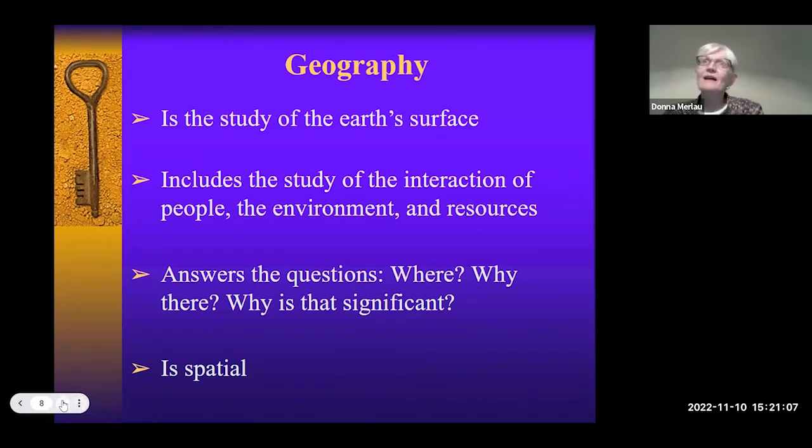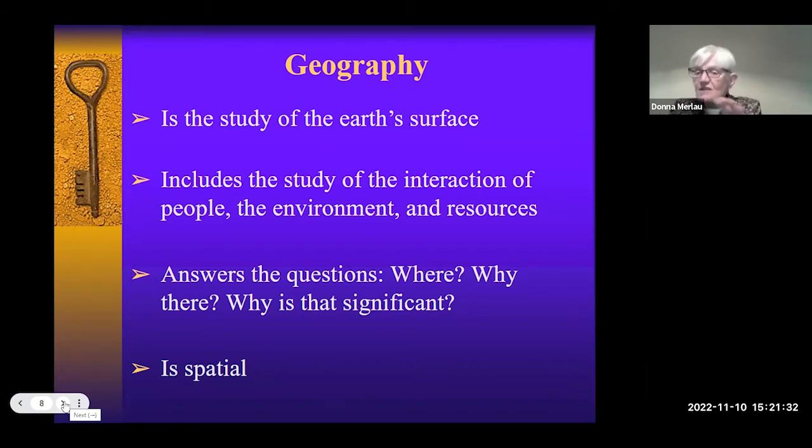So if I am going home to Rochester and I am running at rush hour, I may want to go a particular way that day, then another way, because of the traffic I'm going to run into or the other issues I'm going to run into. Spatial means that it has a shape or dimension to it. There's size to it.